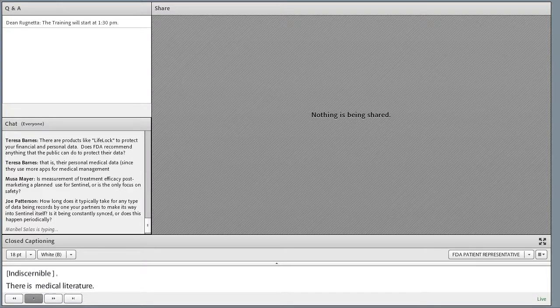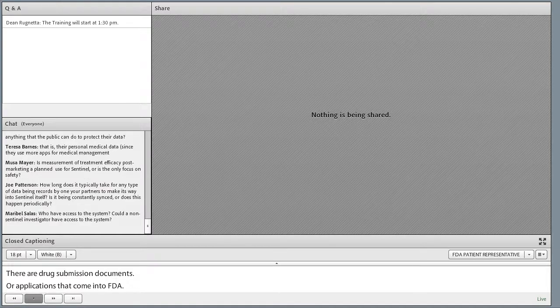And all of this information that comes in is taken in its totality when evaluating a potential regulatory decision like a labeling change. And so the somewhat less short answer is Sentinel could play a part in that situation, but it would be one part of a larger whole.